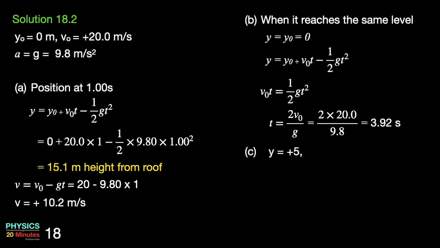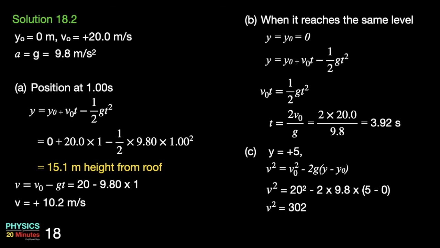C part, what will be the velocity when the height is 5 meter up from the roof? So we can use v square is equal to v0 square minus 2g(y minus y0). We substitute the values and solve. We get the answer as plus minus 17.4 meter per second. Why do we get plus minus?